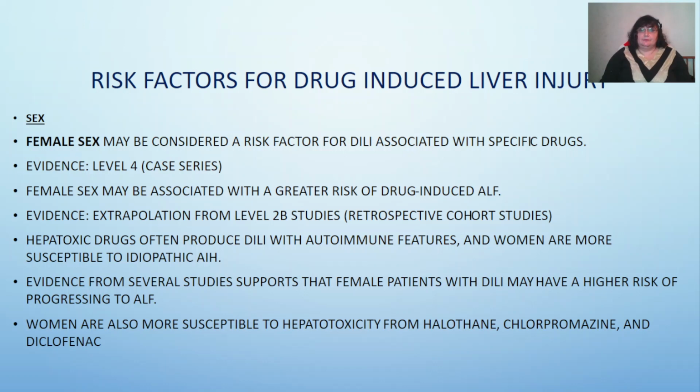Hepatotoxic drugs often produce DILI with autoimmune features, and women are more susceptible to idiosyncratic liver injury. Evidence from several studies supports that female patients with DILI may have a higher risk of progressing to acute liver failure. Women are also more susceptible to hepatotoxicity from halothane, chlorpromazine, and diclofenac.